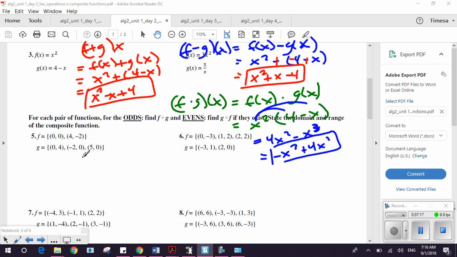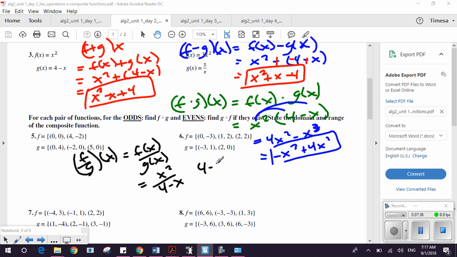And lastly, we have to divide. So f divided by g of x is f of x divided by g of x. So x squared divided by 4 minus x. Again, take your denominator, 4 minus x, set it not equal to 0. Solve for x.